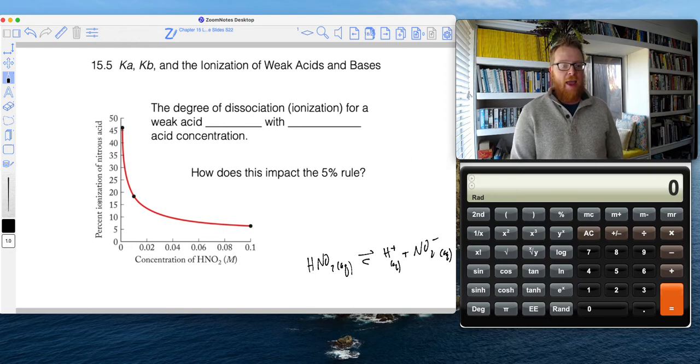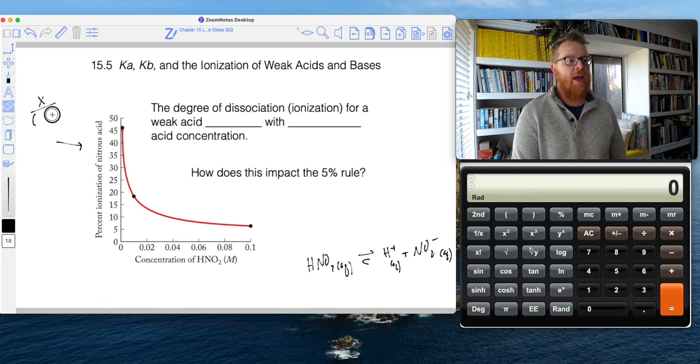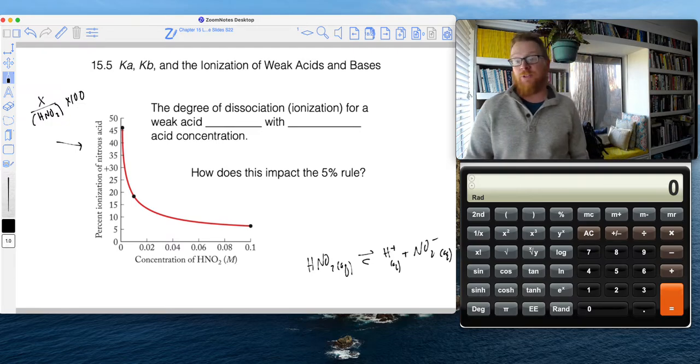Remember that this percent ionization on the y-axis is calculated from x, the amount dissociated, divided by the initial HNO2 concentration, times 100 to bring that up into a percentage.